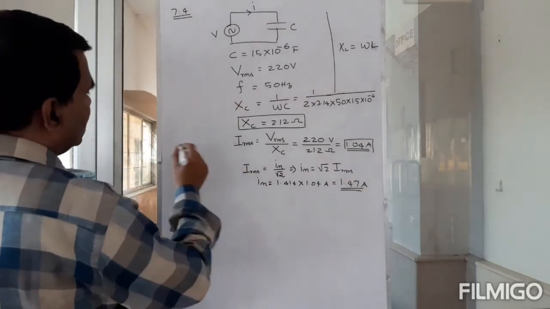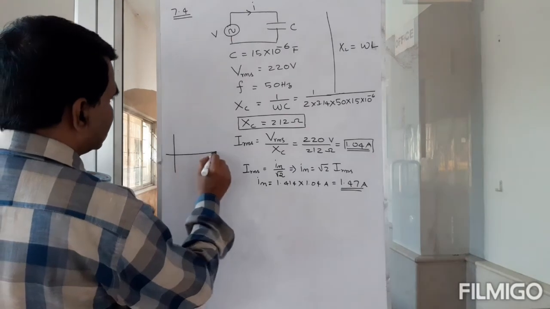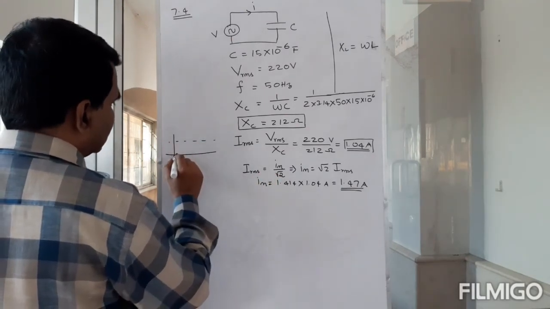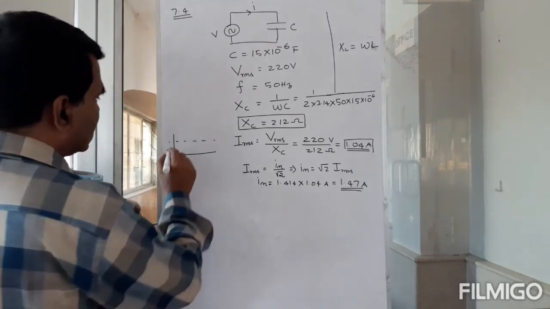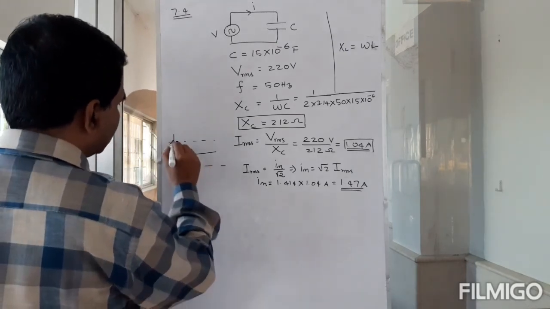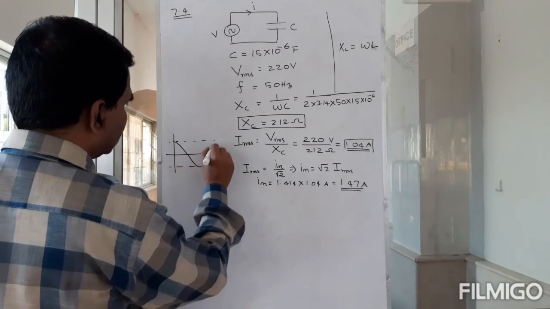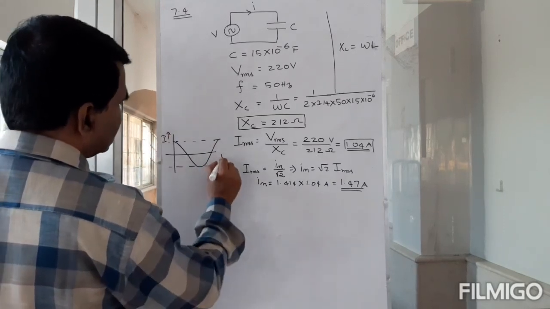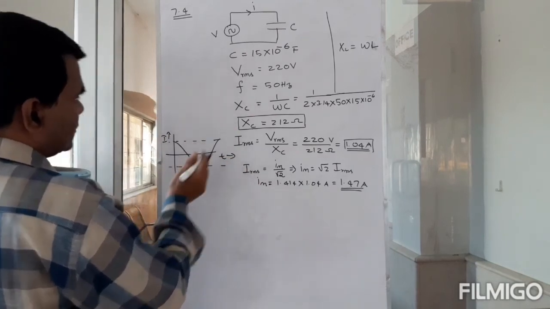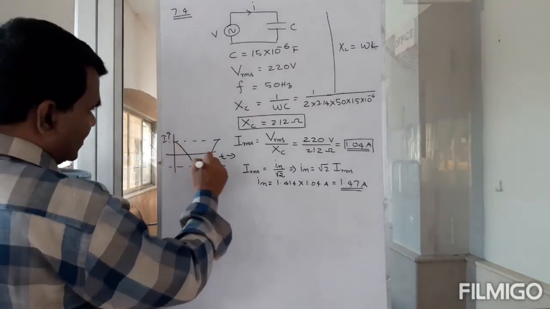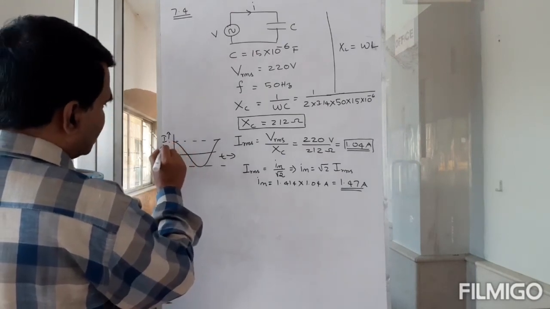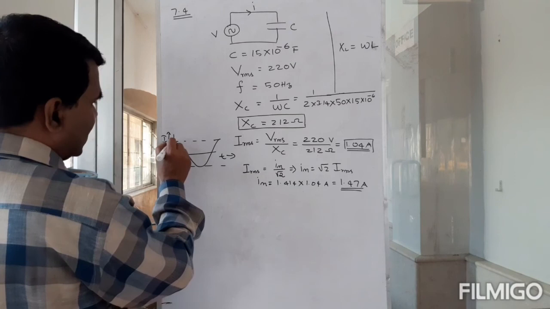If you were to draw the graph for the current, with I on one axis and T on the other, the current will be like this, and V will be like that. The maximum value is 1.47 amps, I max.